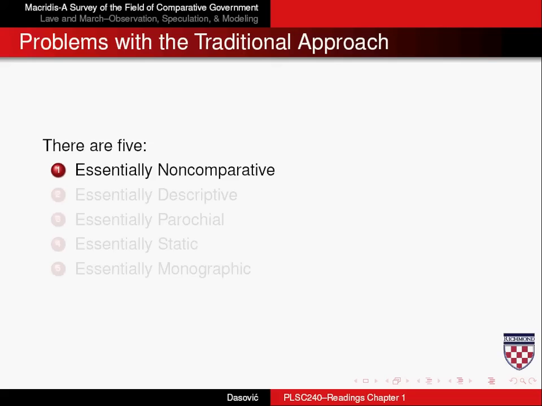Generally there were analyses of single phenomena, single countries, case studies that weren't even implicitly comparative, let alone explicitly comparative. So there was a study of the United States government without any idea of, as I said, even implicitly comparing it to the Canadian government, the German government, let alone other governments around the world. So that was one.